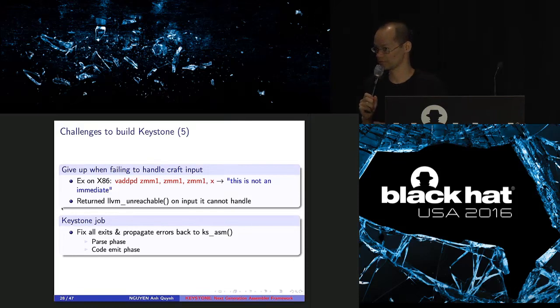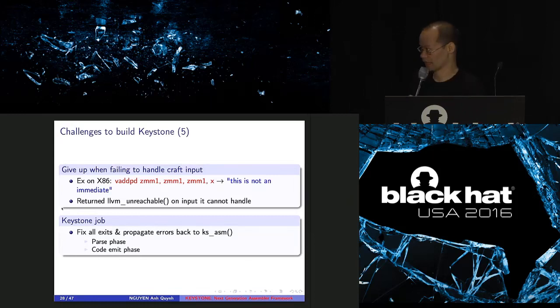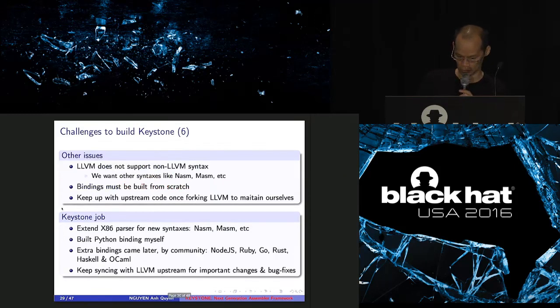Keystone as a framework, when it has some input that it cannot handle, should not exit. It should keep going, but report back errors. So here I spent a lot of time to fix all the exits, and I propagate errors back to the high level API, and you return that error to your tools.